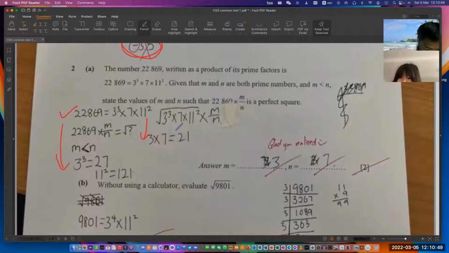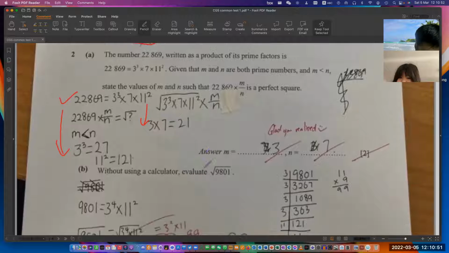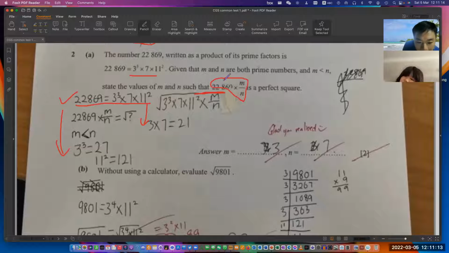All right, let me just continue from here. How to do this question is always prime factorization first. Good, so you have the prime factorization given already. Now you need to cover until here. Your square root must cover until here, because it says this whole thing times 22869 times m over n, right?